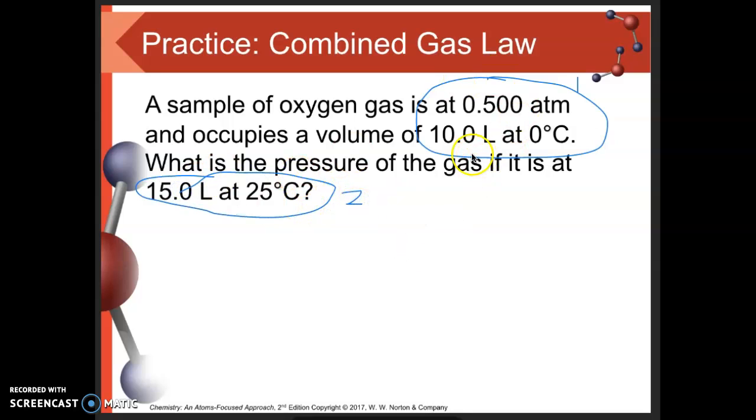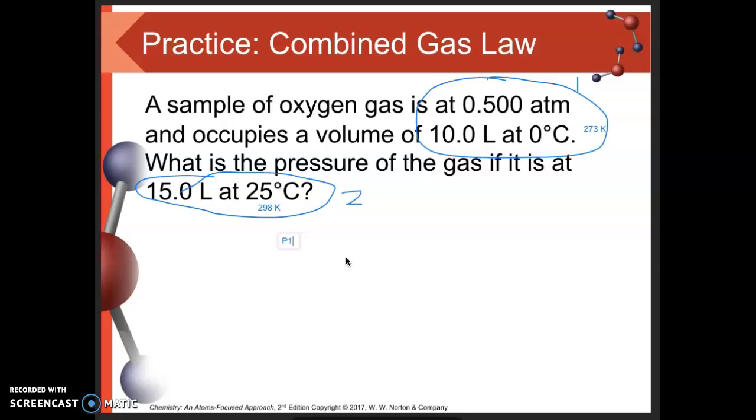But before we go jumping into putting those into the combined gas law, we need to take into consideration our 25 degrees Celsius, our 0 degrees Celsius. Those are not absolute temperatures. I need to convert them into absolute temperatures first. So the 0 becomes 273 Kelvin, the 25 becomes 298 Kelvin, and now I have something that I can work with in terms of the combined gas law.